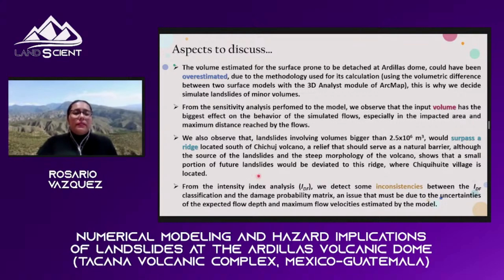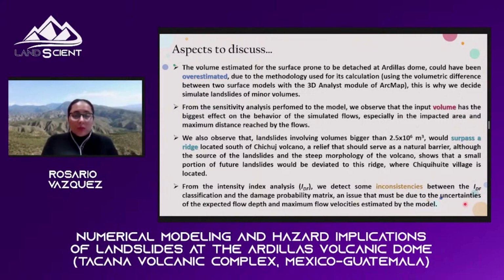And finally, the last aspect to discuss is that in the intensity index analysis that I just showed you in the last map, we detect these inconsistencies between the index reflected in the map and the classification obtained from the probability matrix.